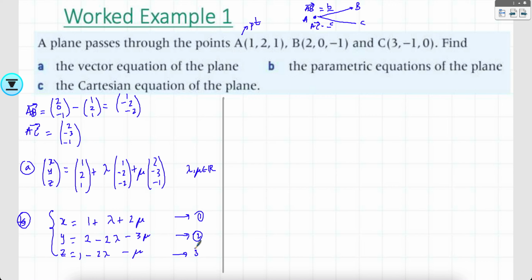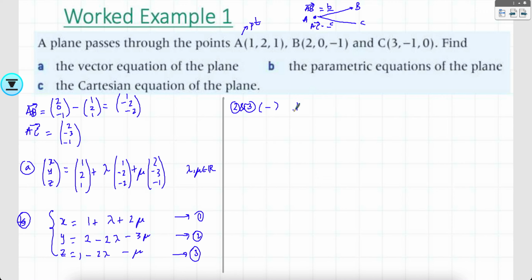And I'm going to take 2 and 3 and subtract them from each other. You can see the lambda has the same coefficient, so by subtracting them from each other, I end up cancelling out the lambda at least.